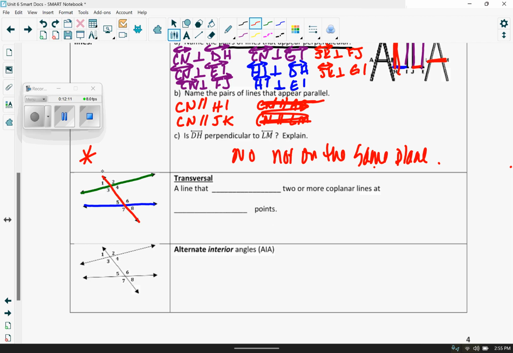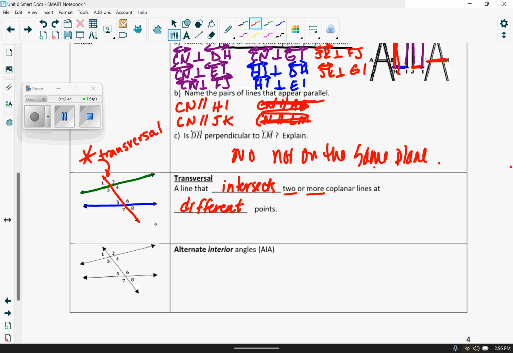That red line is the transversal. Okay, it is a line that crosses or intersects two or more coplanar lines at different points. So that red line is my transversal.